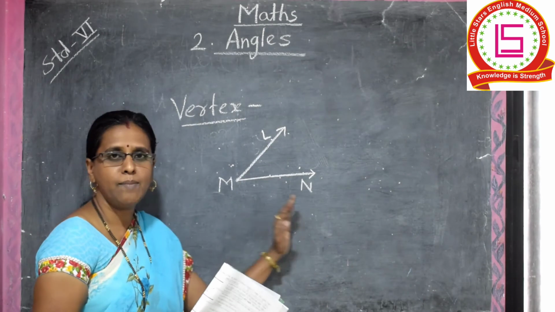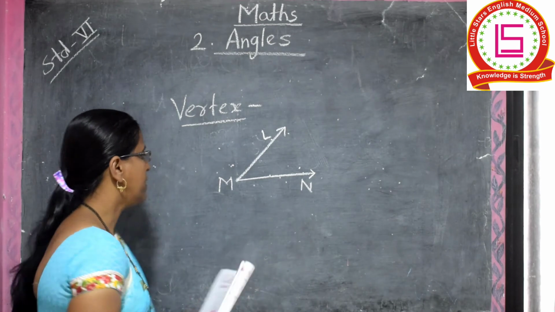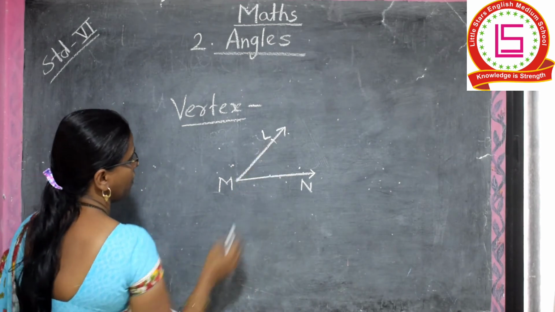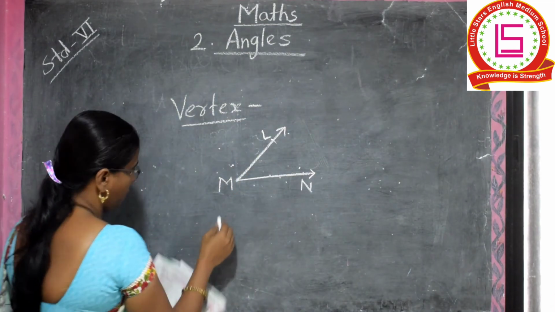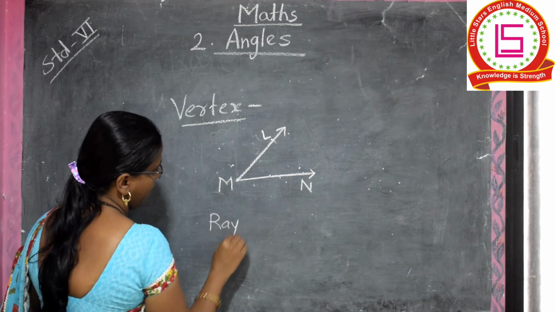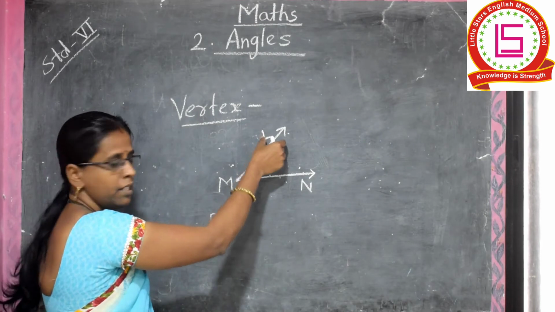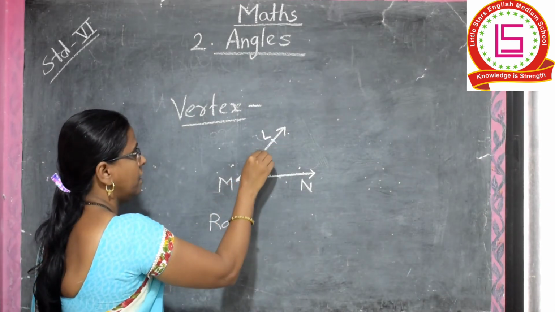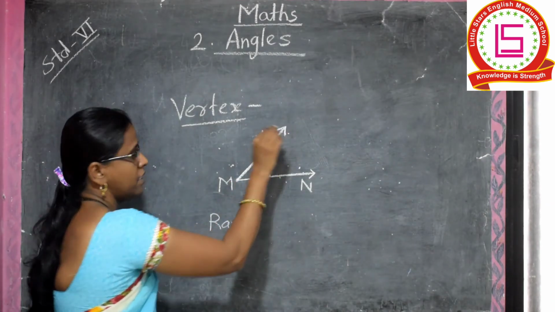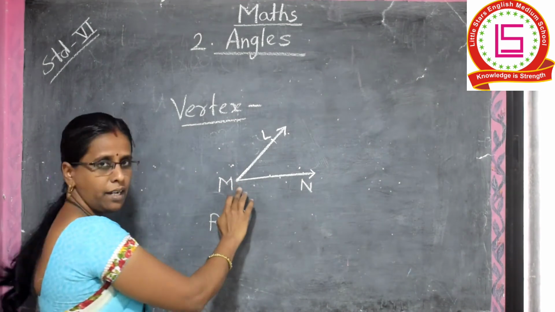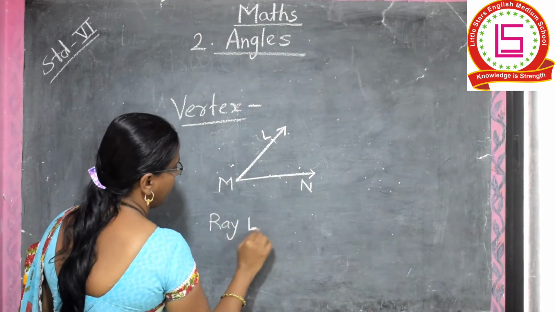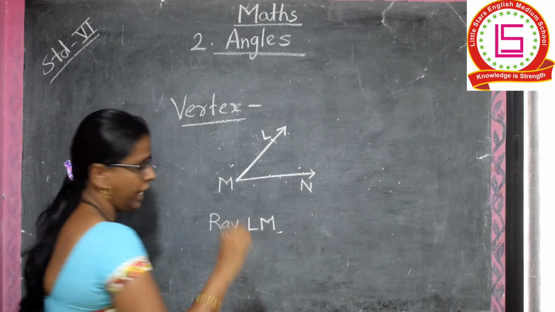How to write the arms of the angle? We write like this, ray. First write ray ML. This is the first arm of the angle. Then write ray LM like this.